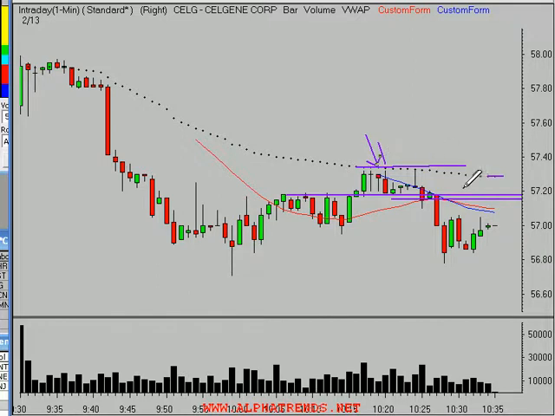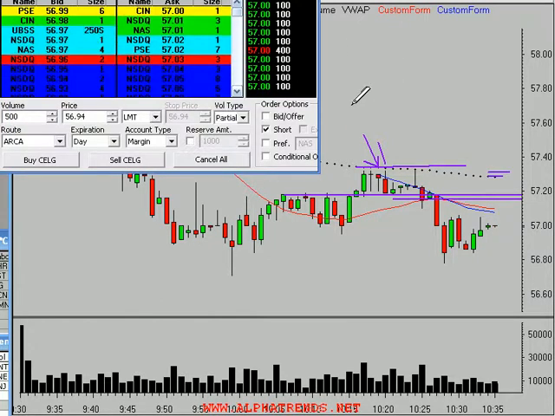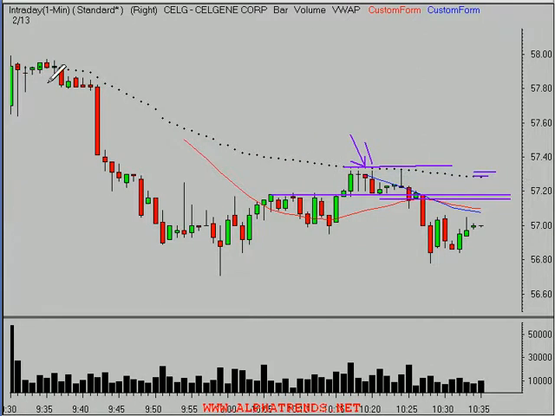If I can cut my risk by another 20 cents by being at about 57, well, I think I'll give it right around this VWAP level, which is about 57.30. So I'm just going to keep an eye on it. I'm not going to set that stop quite yet. I'm just going to keep an eye on it and see how it starts to trade, and then give it a little bit of time here to hopefully decline.